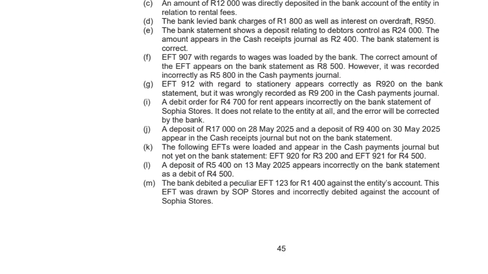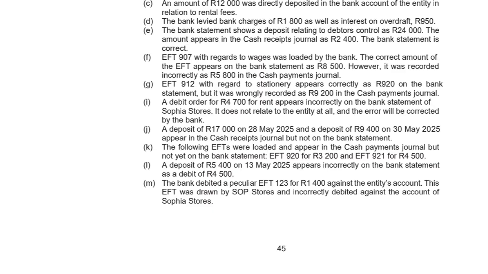E. The bank statement shows a deposit relating to debtors control as 24,000 rand. The amount appears in the cash receipts journal as 2,400 rand. The bank statement is correct. F. EFT 907 with regard to wages was loaded by the bank. The correct amount of the EFT appears on the bank statement as 8,500 rand.